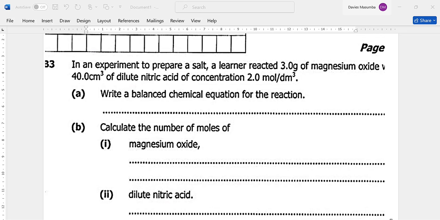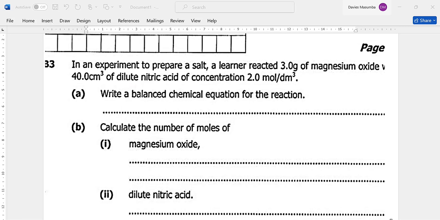So in this experiment, we are told that a pupil or a learner was going to prepare a salt, and this learner reacted 3.0 grams of magnesium oxide with 40.0 cubic centimeters of dilute nitric acid of concentration 2.0 moles per cubic decimeter.